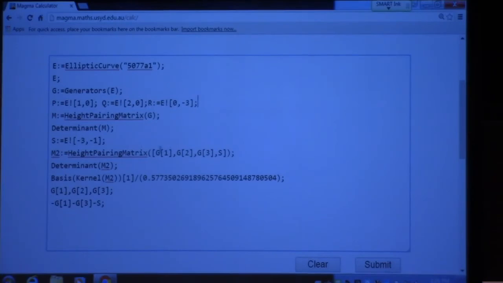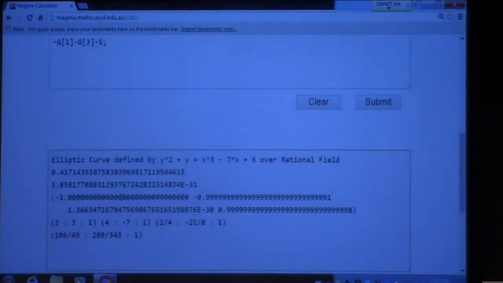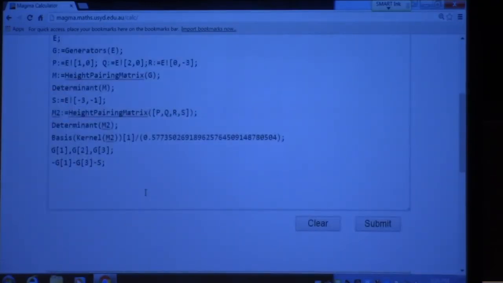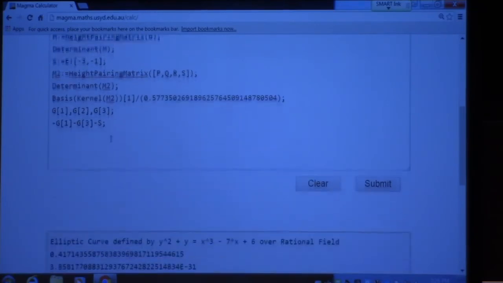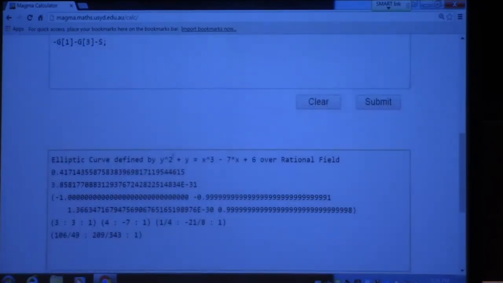And then I'm going to do the height matrix of P, Q, R, and S. Let's see what that looks like. P, Q, R, S. Yes, so the determinant, the basis of the kernel divided by that number is still there somehow. And it's giving me now minus 1, minus 1, 0, 1.